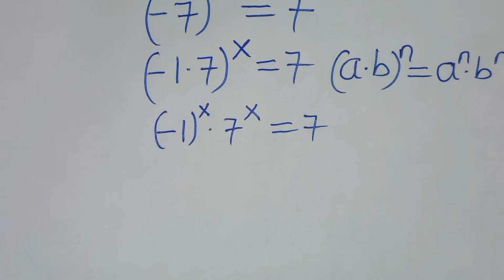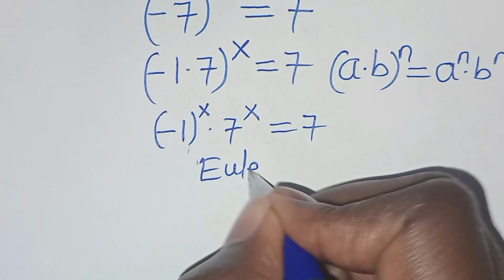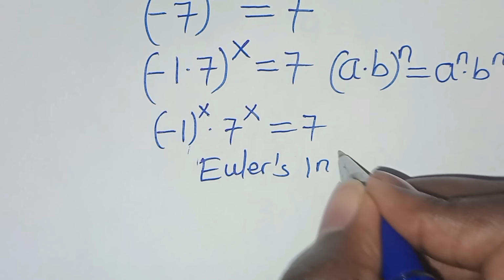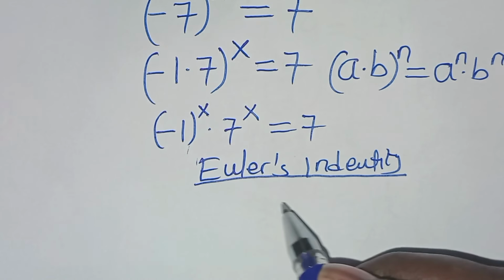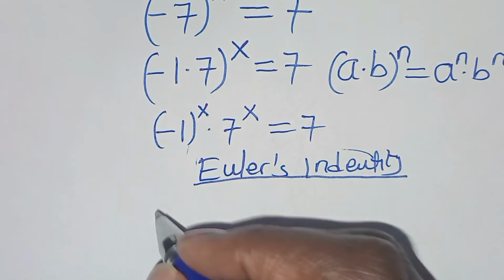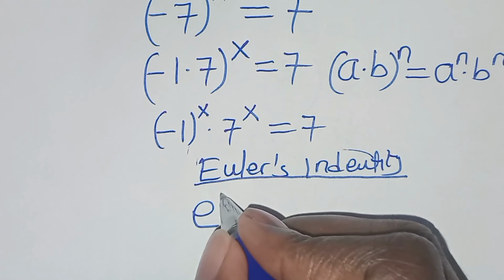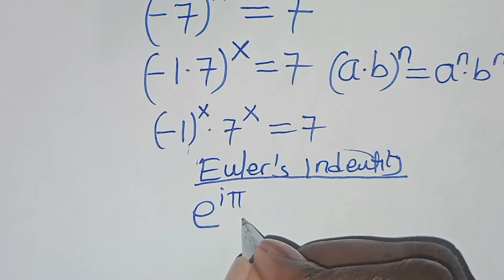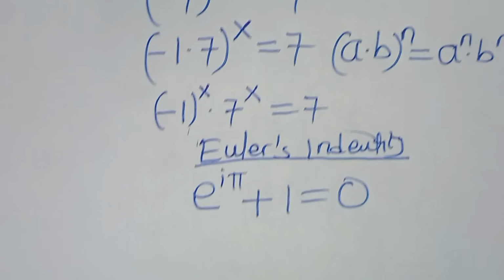Now, the next step from here, let's apply Euler's identity. This identity states that e^(i pi) plus 1 is equal to 0.